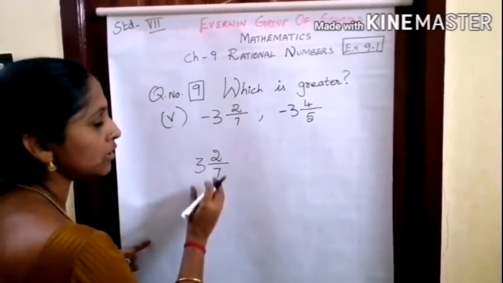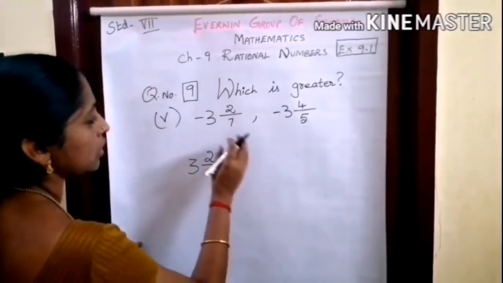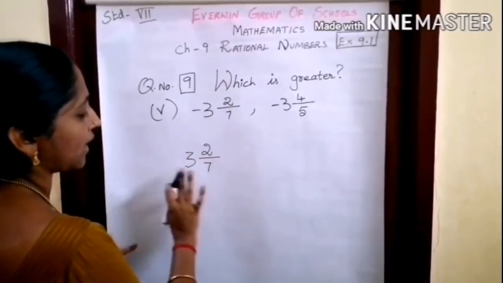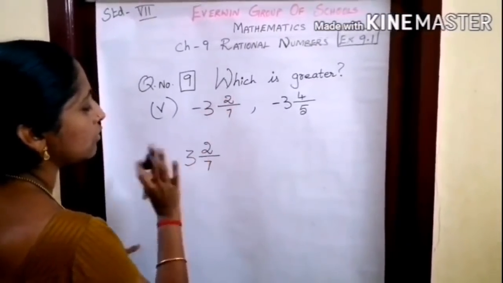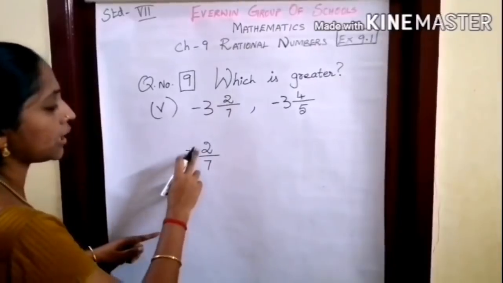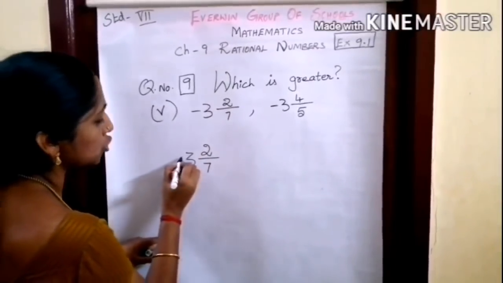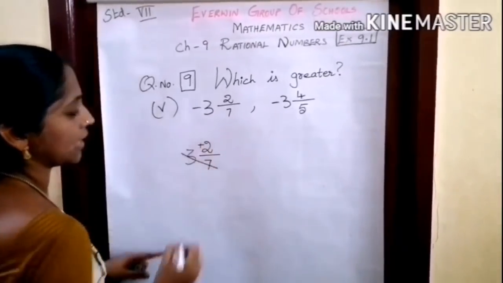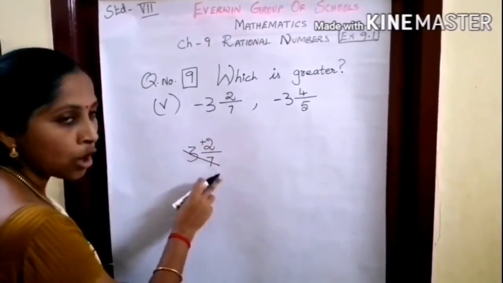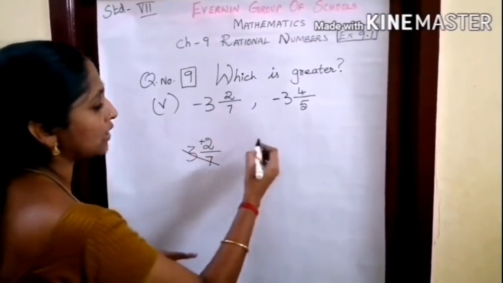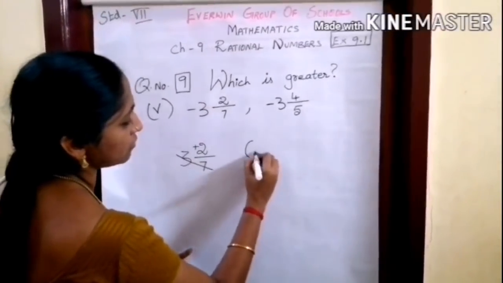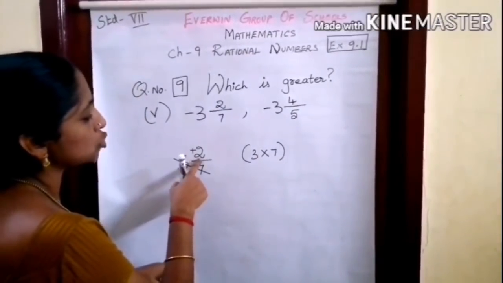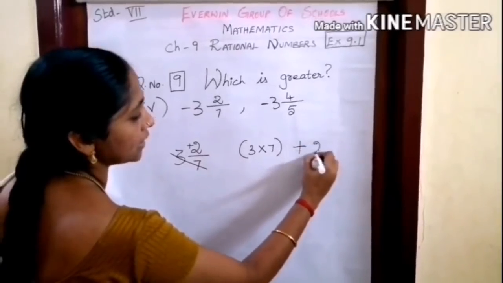We are going to convert this into an improper fraction. While converting into an improper fraction, don't take this minus sign. So, only take the mixed fraction alone. 3 2 by 7. I am going to cross here and put plus here. That means the crossed numbers I am going to multiply. So, 3 and 7 I am going to multiply, and this plus 2 I am going to add here.